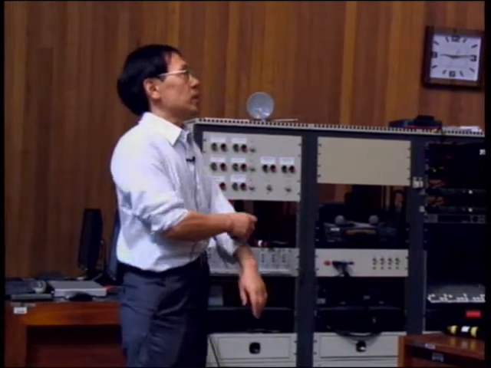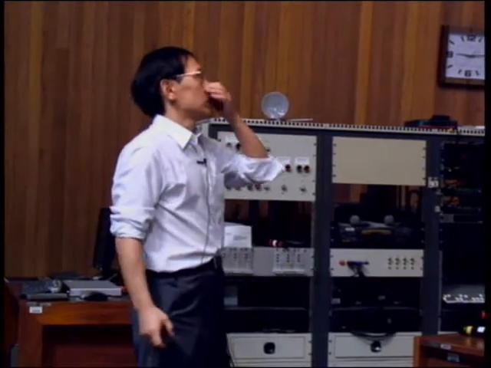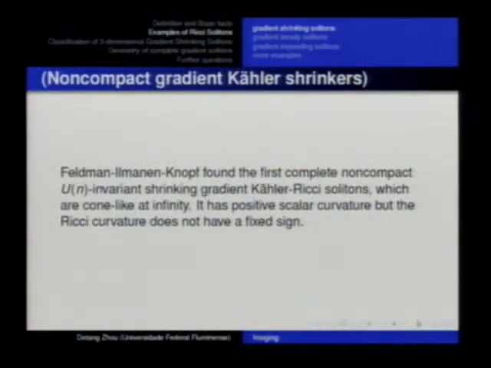And for the non-compact case, the example also used Kähler structure. They found a complete non-compact shrinking gradient Kähler-Ricci soliton. Kähler-Ricci soliton means that besides being a Ricci soliton, it has a compatible Kähler structure.